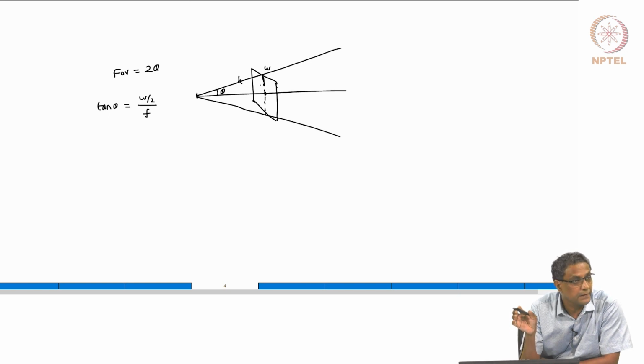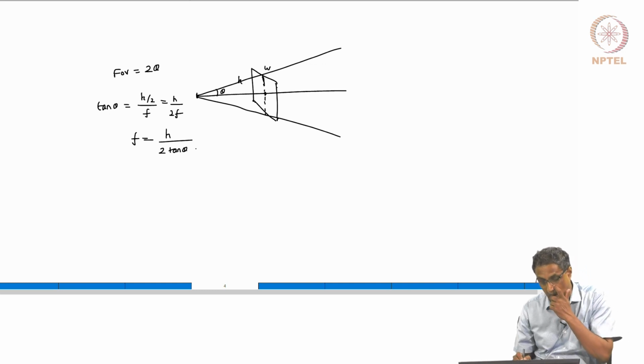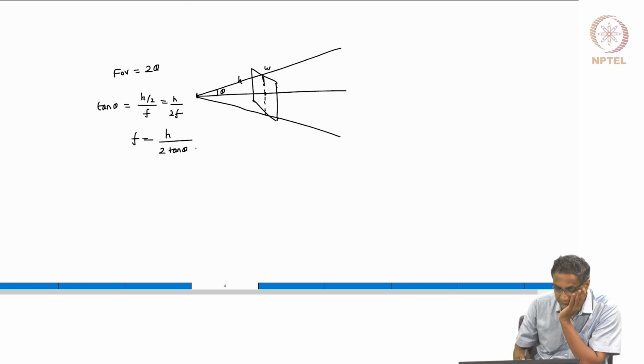Oh, sorry, h by 2, yeah. So it is h by 2f. Therefore f is h by 2 tan theta.